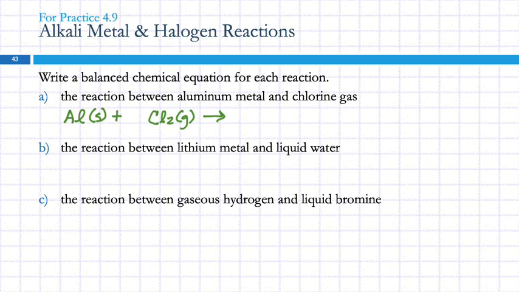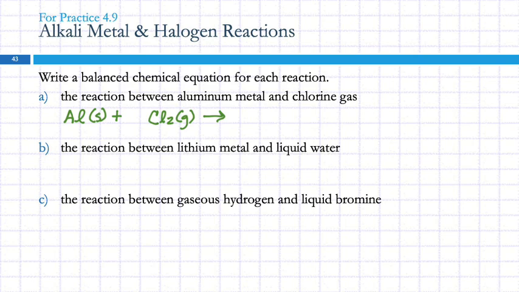Without having memorized those types of reactions, you might say, I don't know. Well, this is going to make a compound, and it's going to be a metal and a non-metal. What kind of a compound is that? Ionic compound. What's the formula for the compound that forms between aluminum and chlorine?